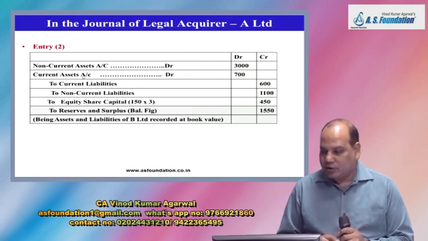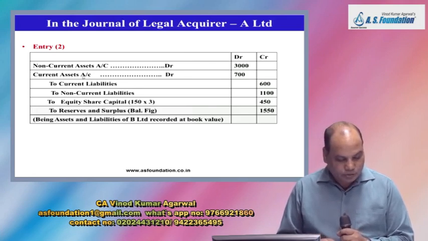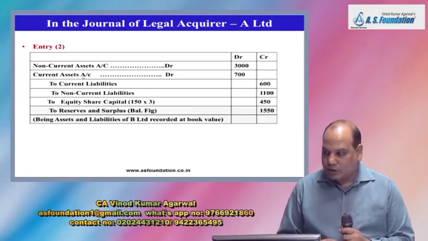Current asset account debit 700. First two items. To current liabilities 600. To non-current liabilities 1100.